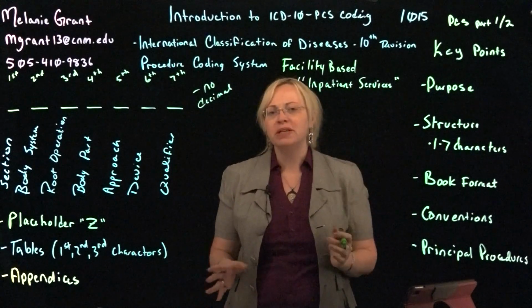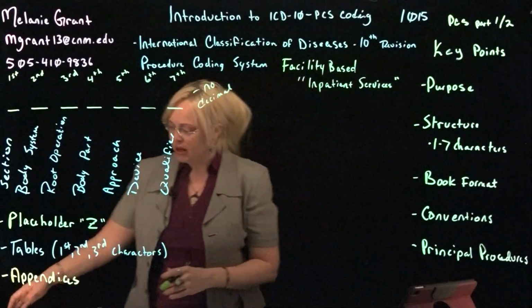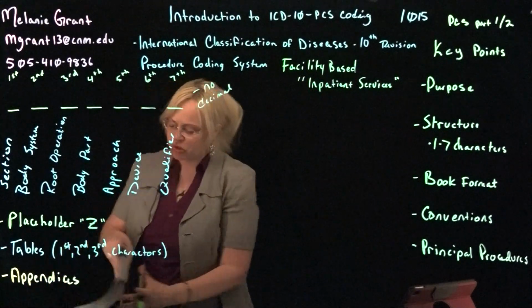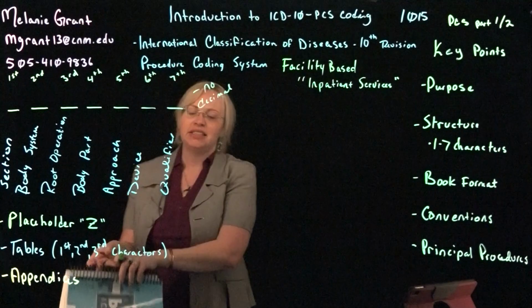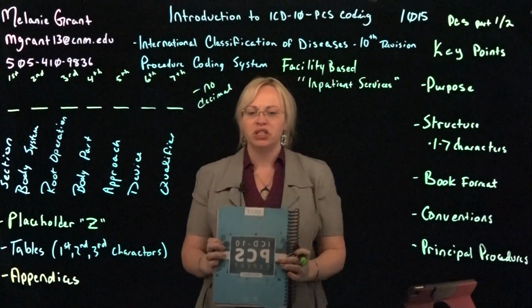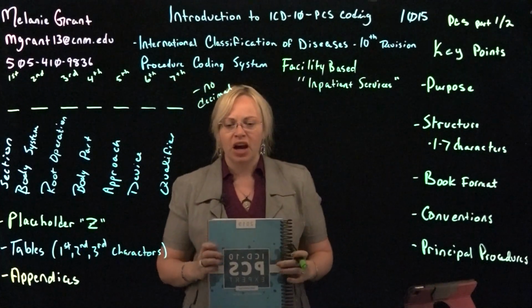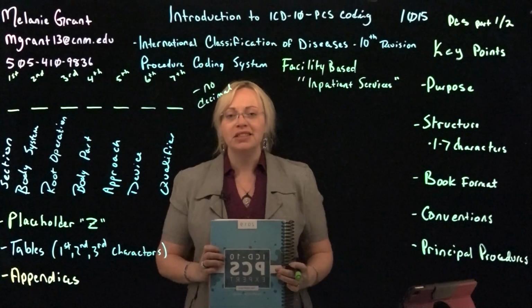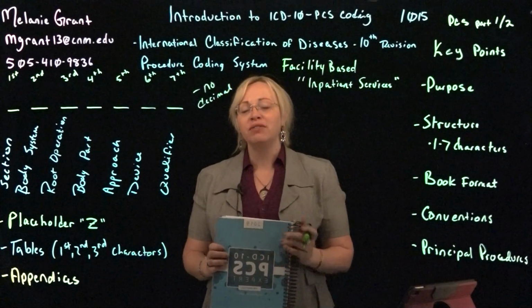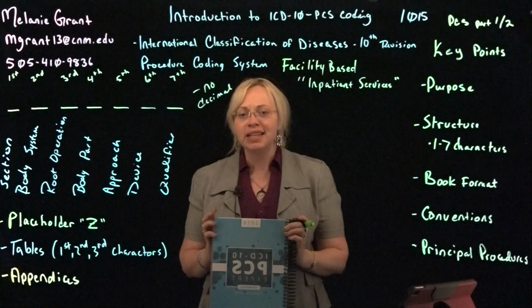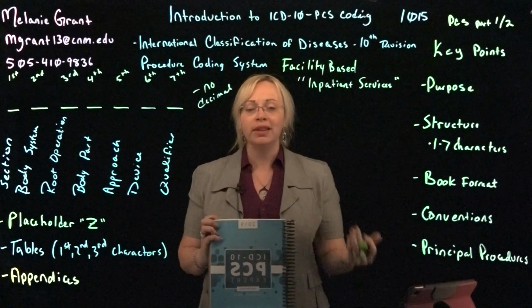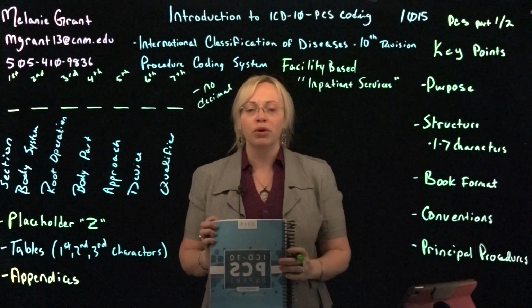Okay, so the structure of PCS is quite a bit different. Now, one of the recommended code books for you in this class is the ICD-10-PCS Expert Edition from AAPC for the 2019 edition. This is not a mandatory edition. If you have an option to get a different ICD-10-PCS codebook that you would like to use for this class, you are more than welcome to.